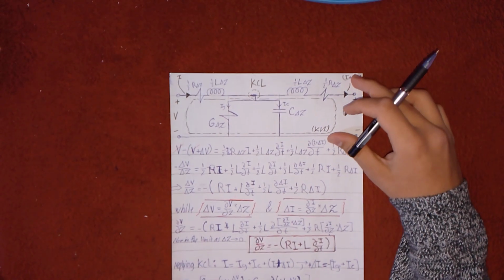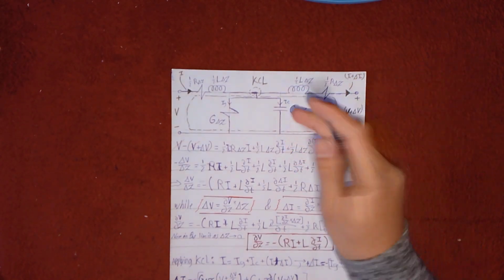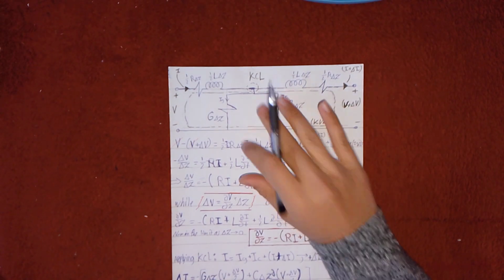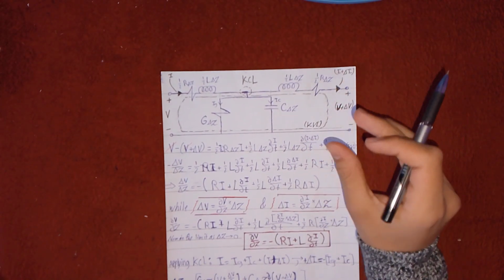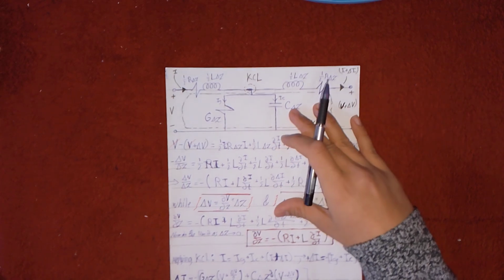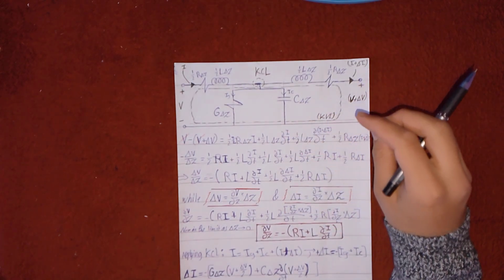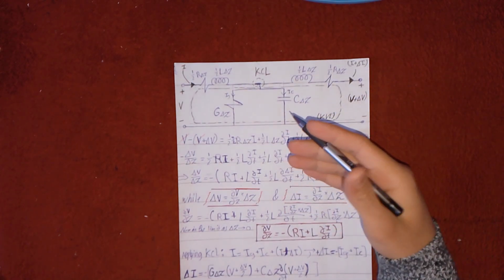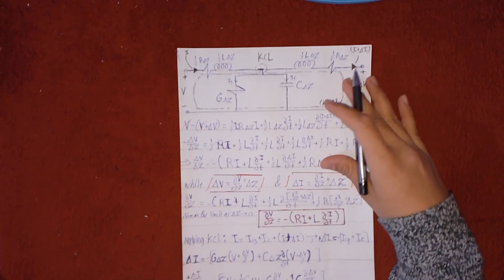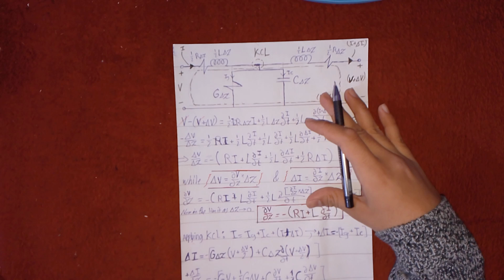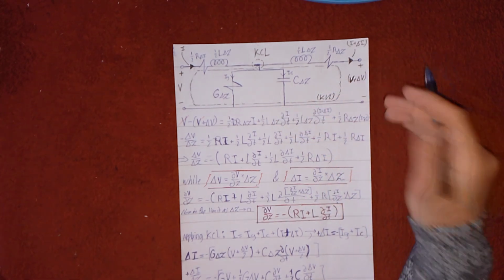Now, to derive the differential equations, we apply Kirchhoff's voltage law and the current law to this segment. Finally, by making the segment smaller and smaller, approaching zero, we obtain two differential equations that describe how voltage and current vary with distance along the transmission line. We begin with voltage, with Kirchhoff's voltage law.